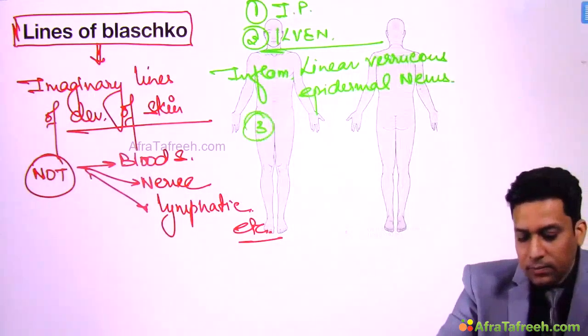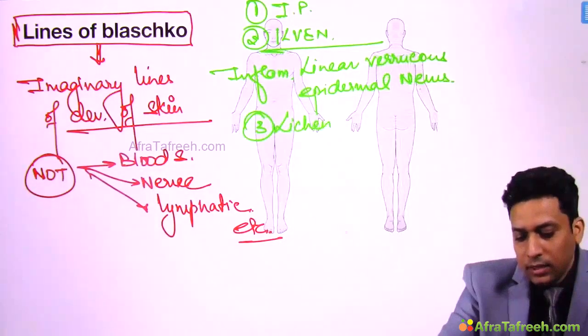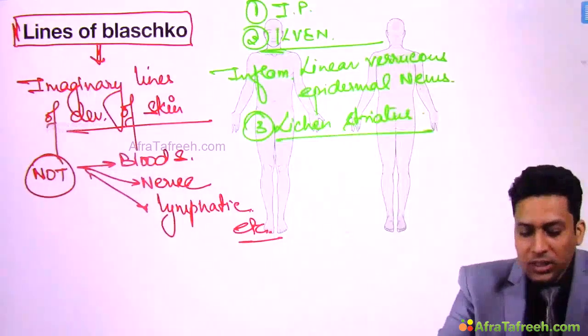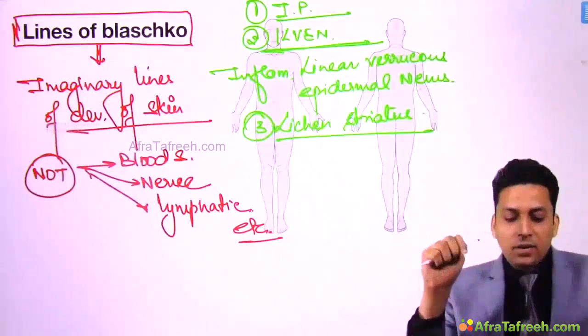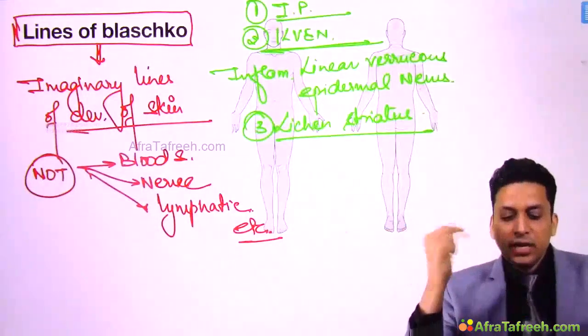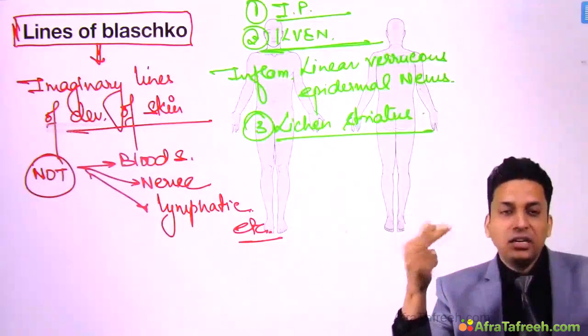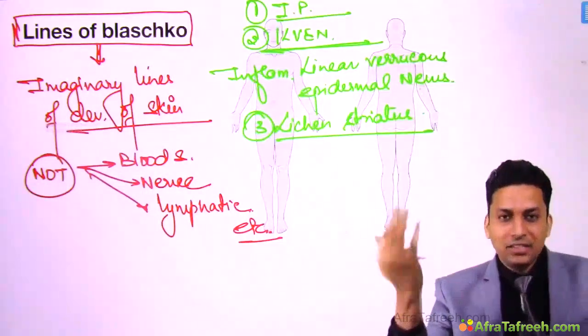And third, lichen striatus. So in all these conditions, you will find linear lesions or lesions which are following these lines. Like in incontinentia pigmenti, then ILVEN, that is inflammatory linear verrucous epidermal nevus, and in lichen striatus.